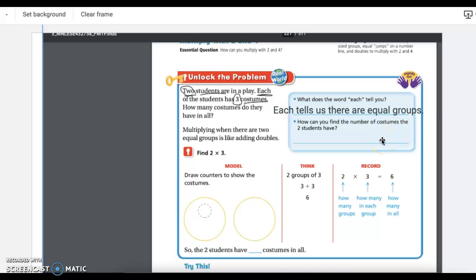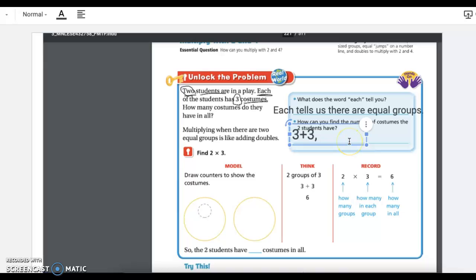Okay. How can you find the number of costumes the 2 students have? Well, there are a couple different ways you could do it, right? Well, one way is you could use addition, right? So you could say, okay, well, 3 plus 3 would be one way to do it, because one student has 3 and the other student has 3.